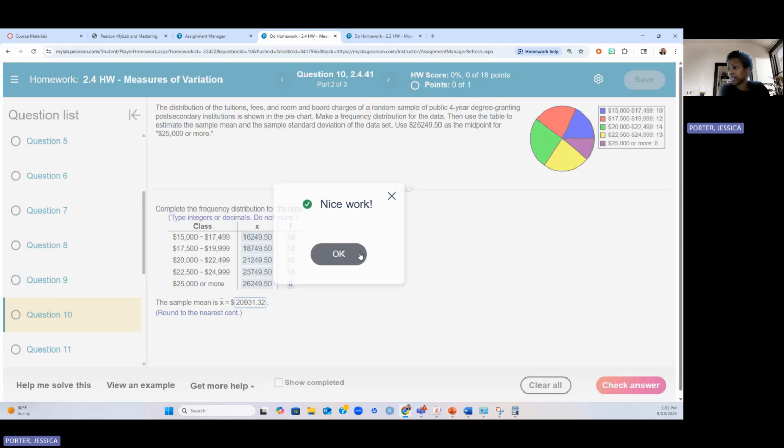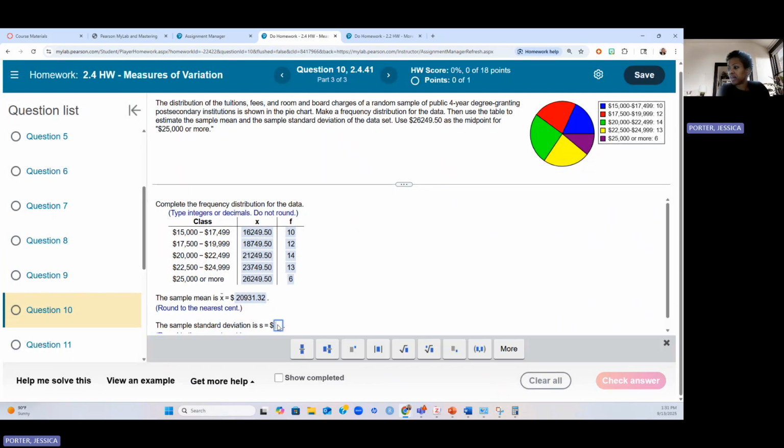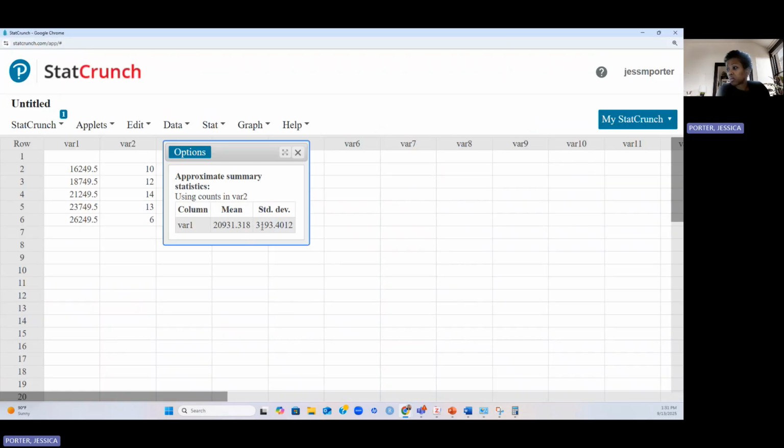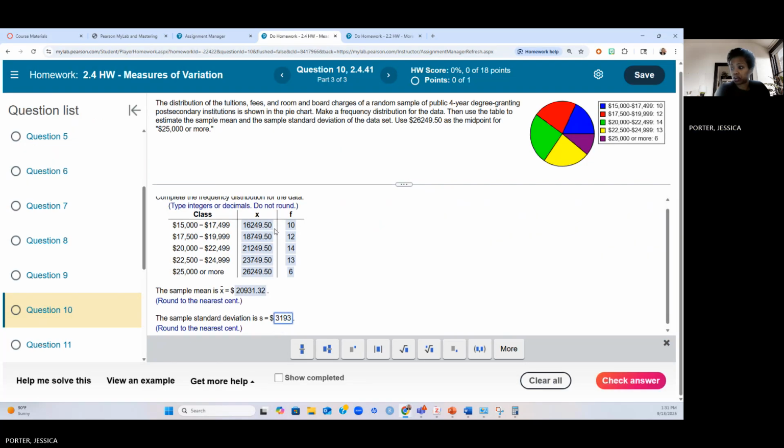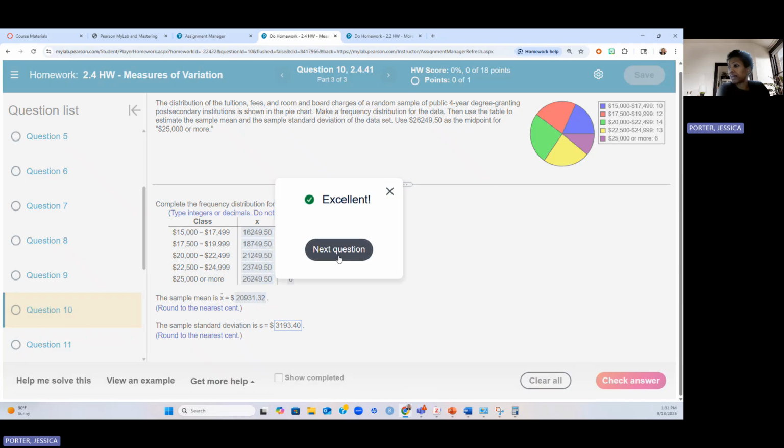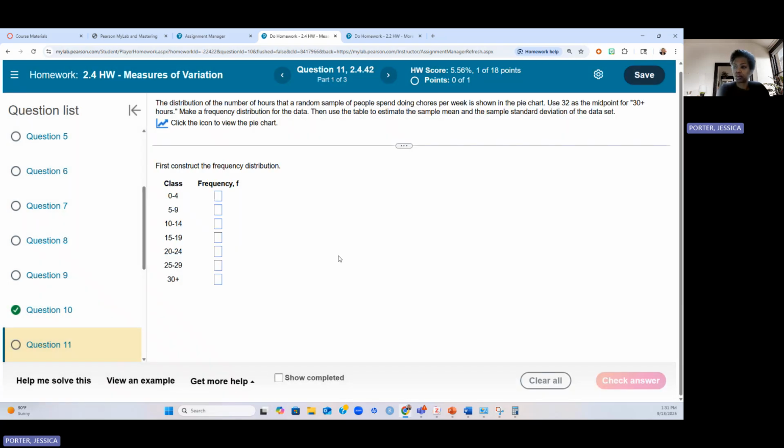Check the answer. Great. And then the sample standard deviation is 3,193 and 40 cents. Check the answer, and that is question 10.